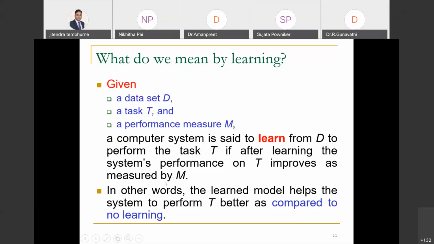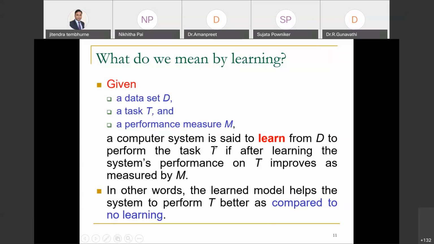So what will your computer do? A computer system learns from D to perform a particular task T. After learning, the system's performance on T improves as measured by M. M is the measure.